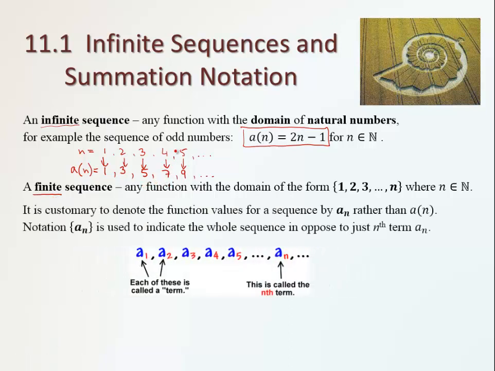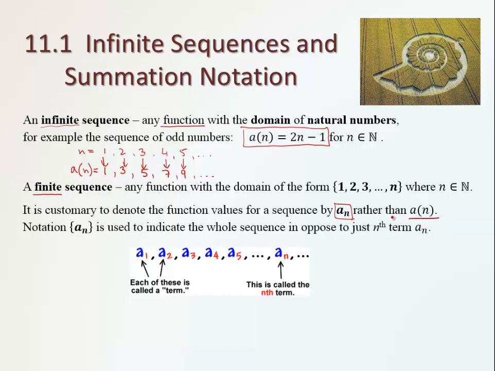Okay, we mentioned that sequences are really functions. However, because of the nature of the domain, which is natural numbers, we are looking at those functions by listing the values of consecutive terms of the sequence. Because quite often we are going to look at many terms at once, it is customary to denote the value of a sequence a at the point n as a with subindex n rather than a of n.